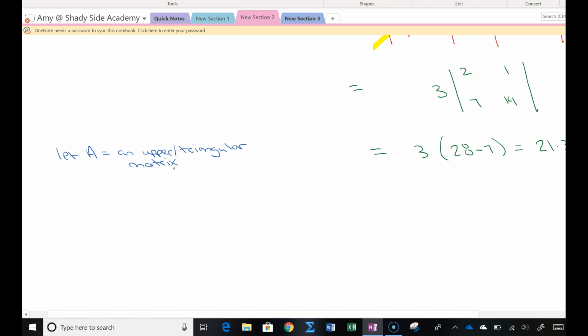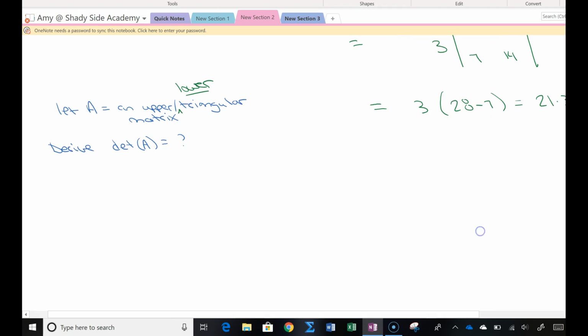Can you derive what the shortcut is for the determinant of A? A is an upper slash lower triangular matrix. Can you derive the particular interesting fact about the determinant of an upper or lower triangular matrix? Go ahead and discuss together and see if you can derive it, then reply to me.